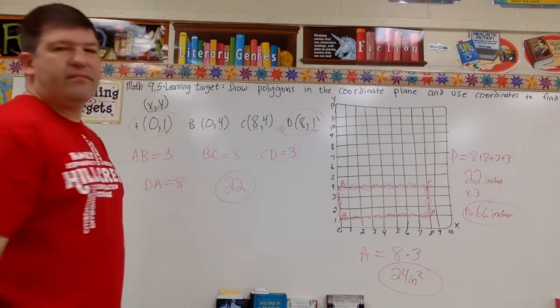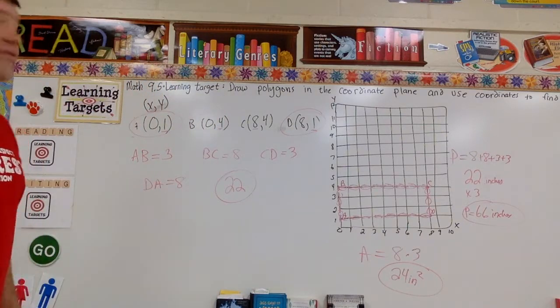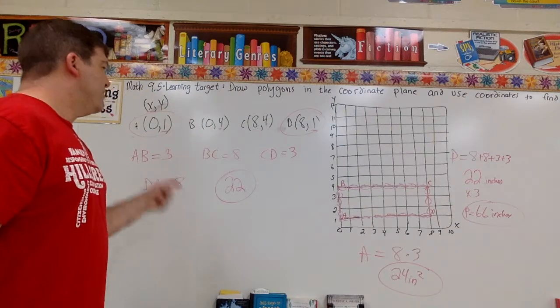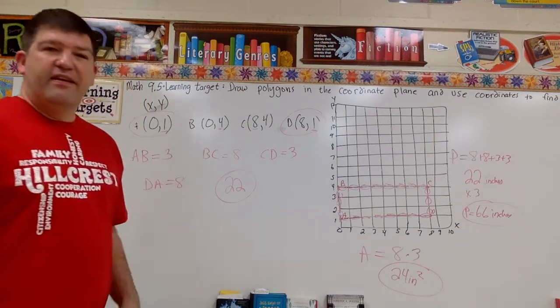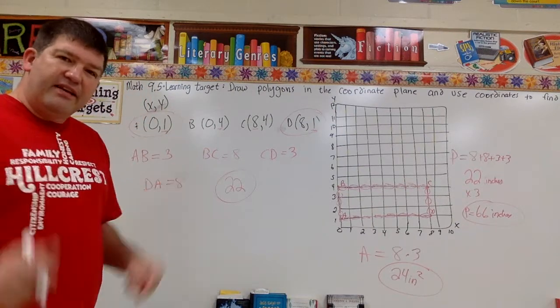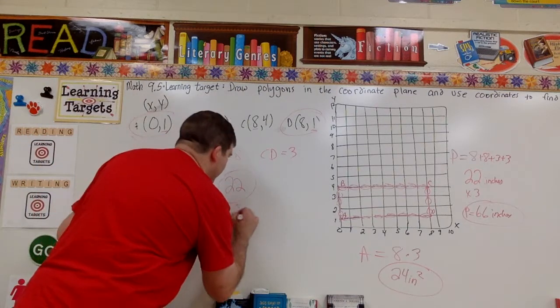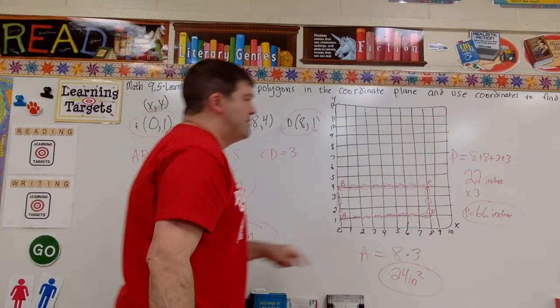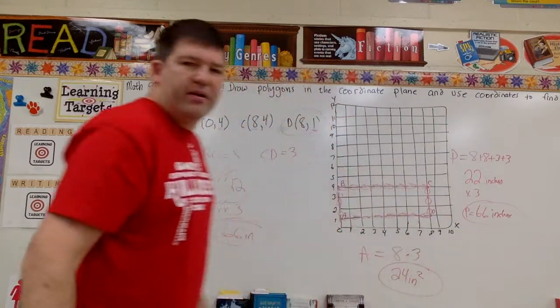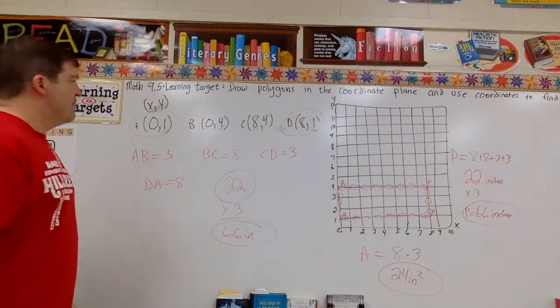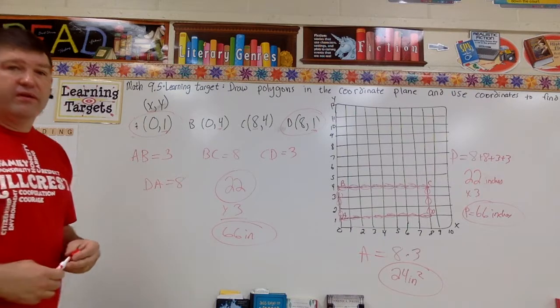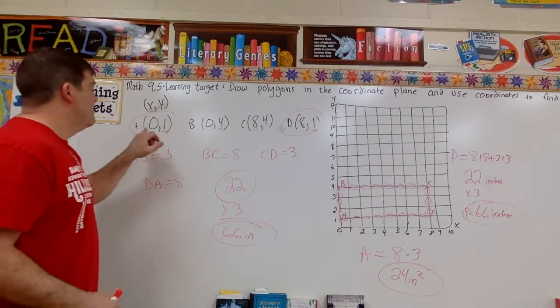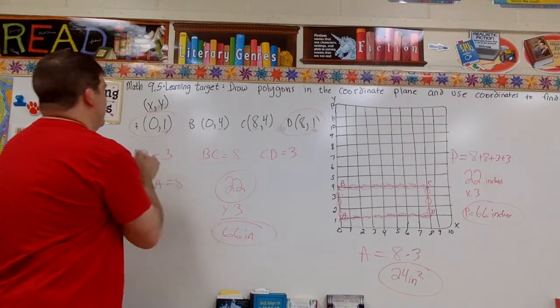Okay? So that would be one way. And then if you know that each unit is worth 3 inches, then you times that by 3, and you get 66 inches, which is the same thing we got over here for the perimeter. But you could do it this way too, where you just take the coordinates, and you look at it.